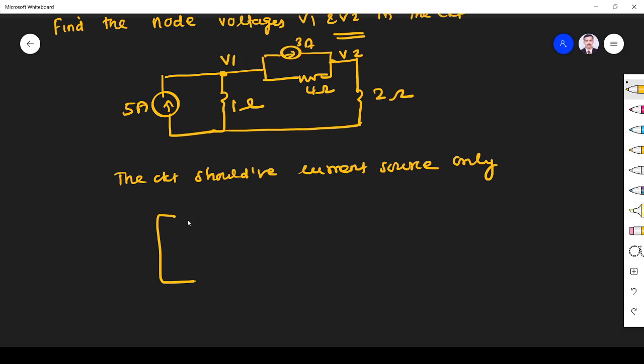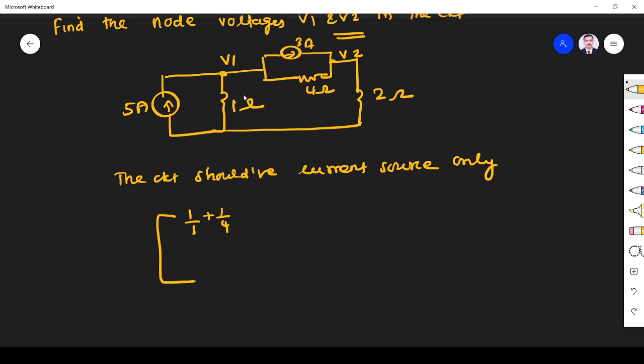Take the reciprocal of each and sum. The resistor is 1, so the reciprocal is 1 by 1, and the other resistor connected to this node is 4, so 1 by 4. We have only 2, so take the reciprocal of this resistor, the reciprocal of this resistor, and add them because 2 resistors are connected here.